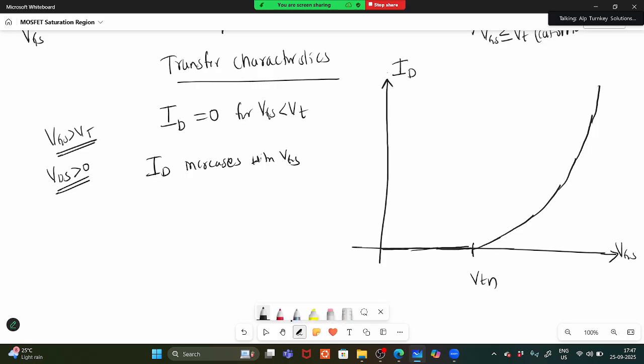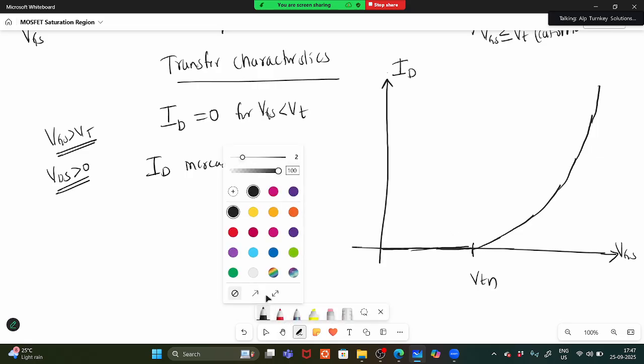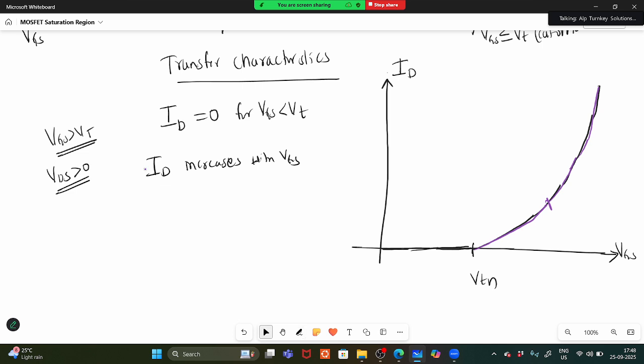Somewhere here you will get the linear region, and from here to here a non-linear region, and this one is the saturation region. As you increase VDS more and more, VDS is greater than or equal to VGS minus VT.